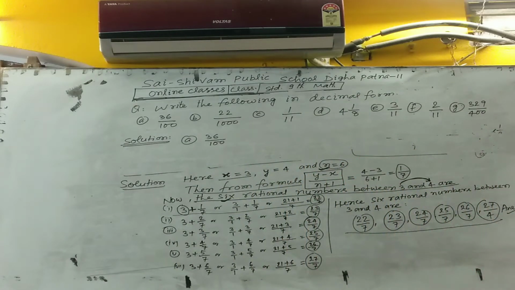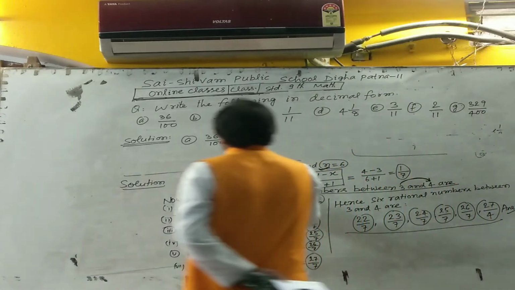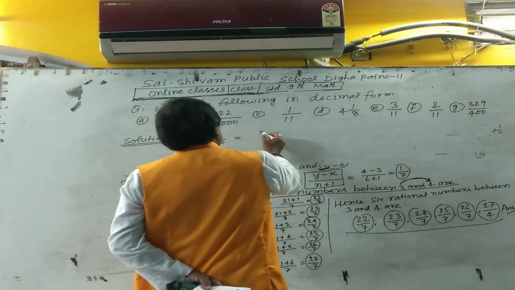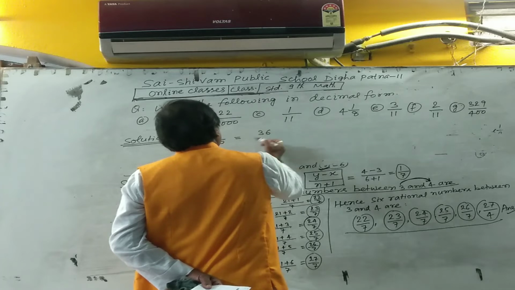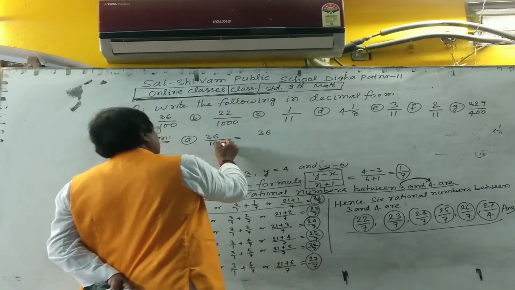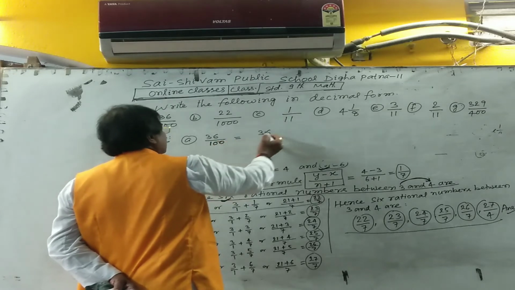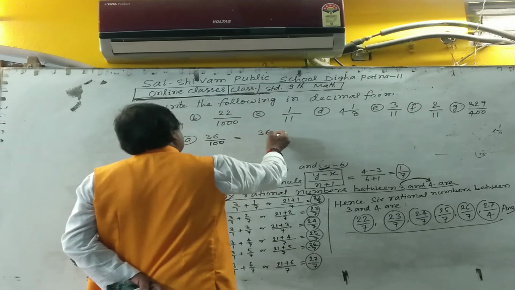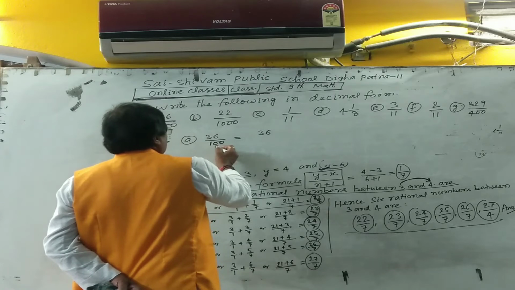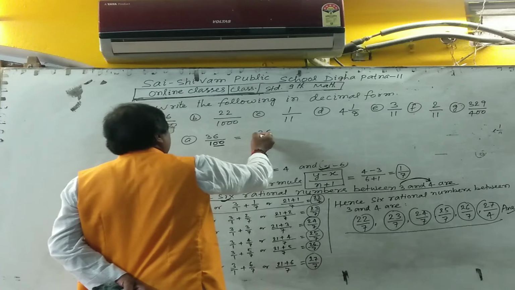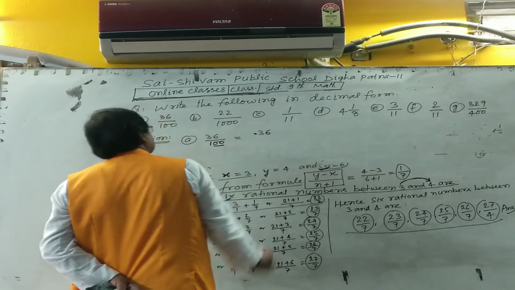The division by 10, 100, 1000, 10,000 is very simple. For this, you put the number and see how many zeros. From how many zeros it is divided by, we count the digits from right side towards left side. Here 2 zeros are present, so we count 2 digits from the right side and put the decimal. Very simple.